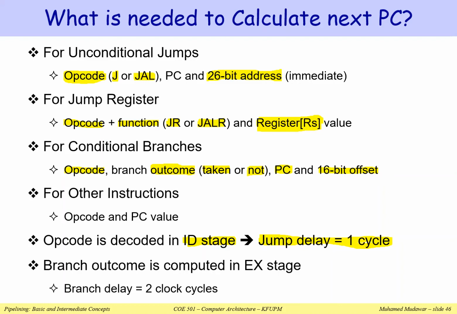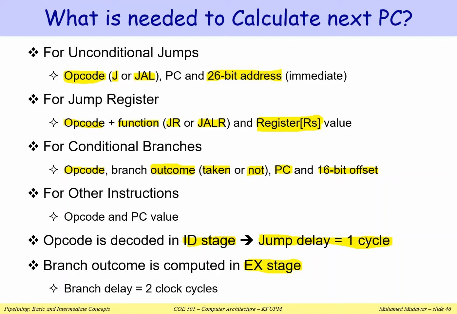Now this instruction that appears after a jump is not really supposed to run, and it's not supposed to update any register in the register file or to store anything in the data cache. So this instruction has to be converted into a bubble. In the case of a branch, the branch outcome is computed in the execute stage, in the third stage of the pipeline.